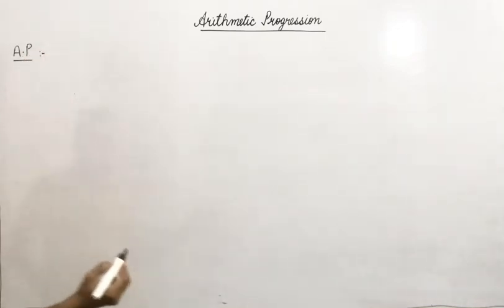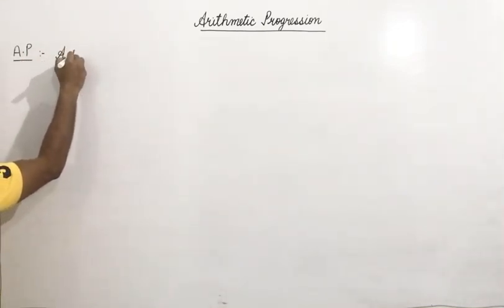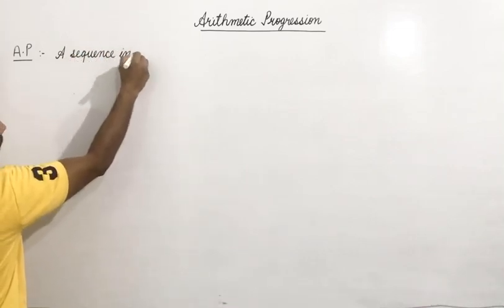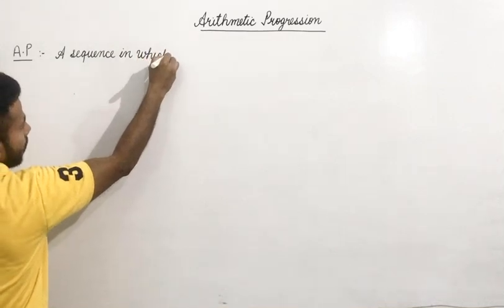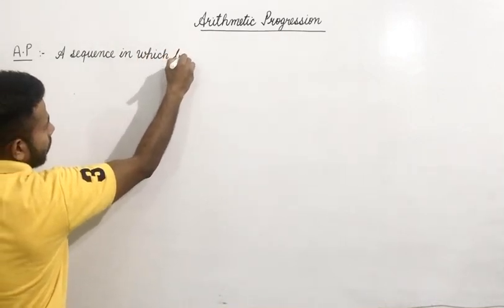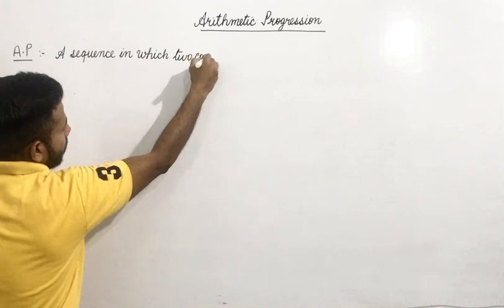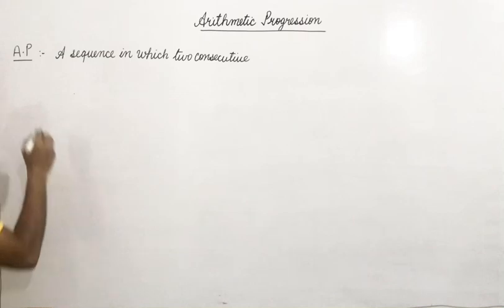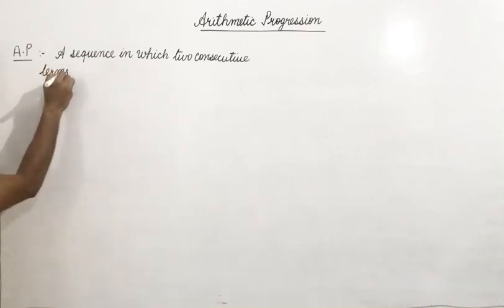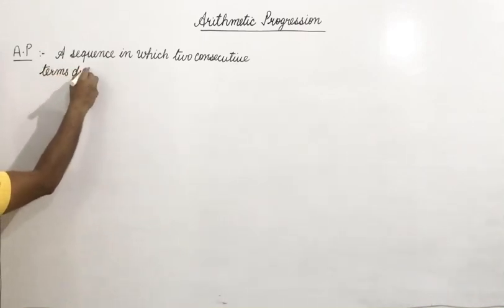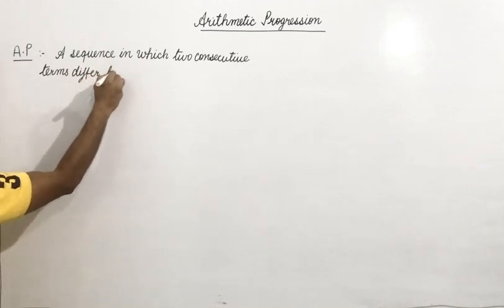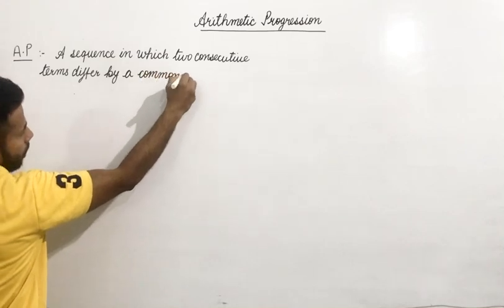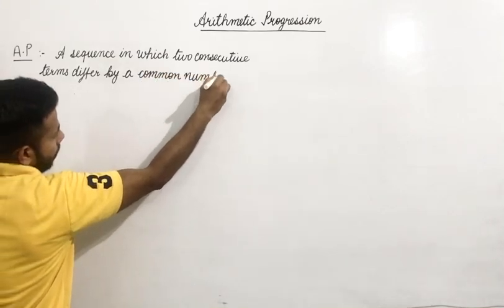Very simple definition of it. A sequence in which two consecutive terms differ by a common number.